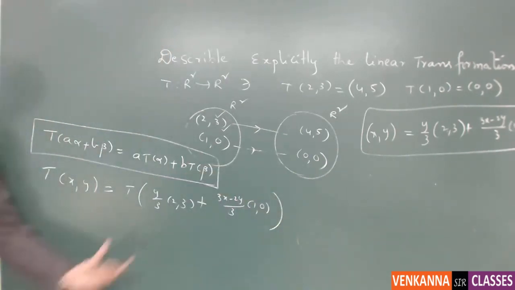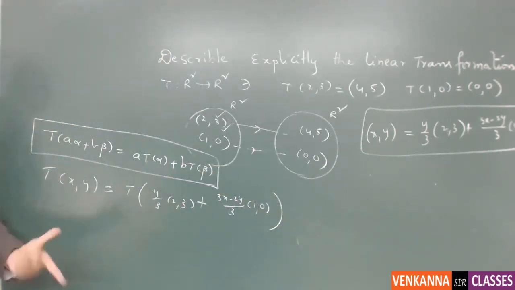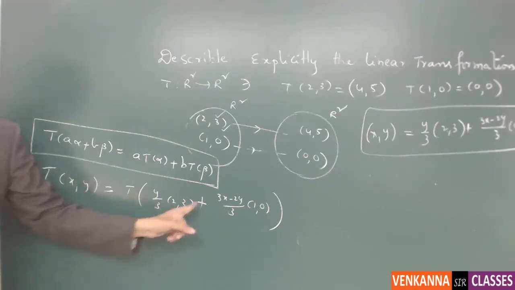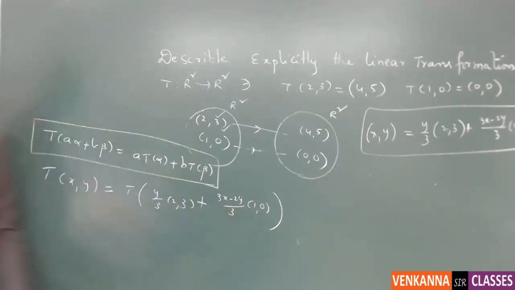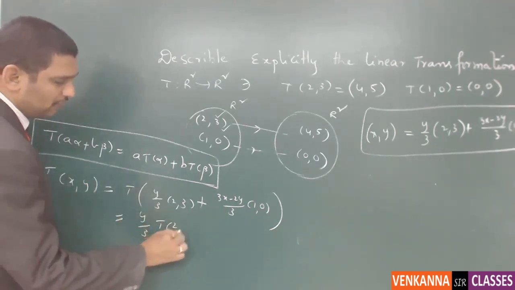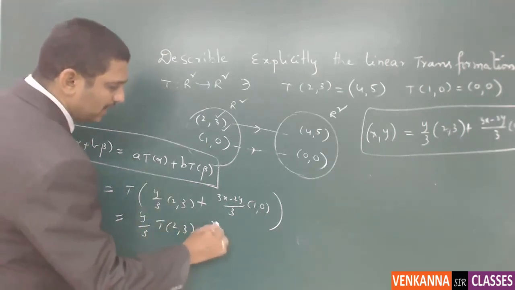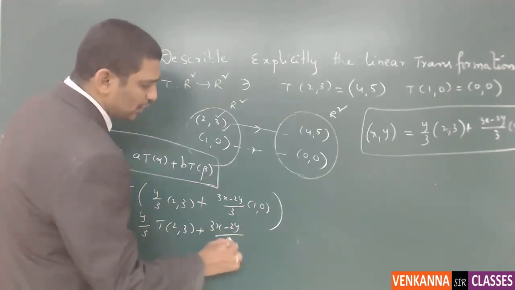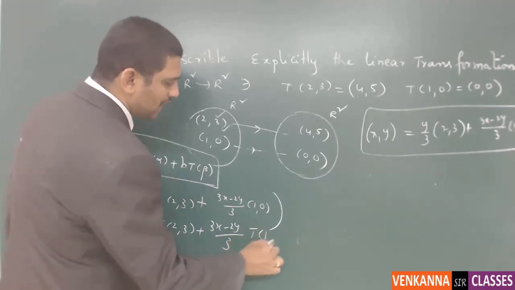Please understand that on the right side, it is of the form T of (A alpha plus B beta). Since T is linear, applying the T condition here, y by 3 into T of (2, 3) plus (3x minus 2y) by 3 into T of (1, 0).